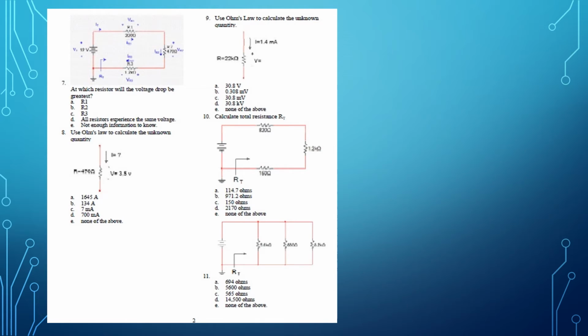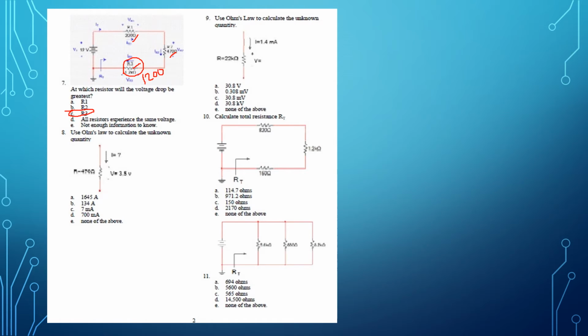In this case, resistor number 1 is 220, resistor number 2 is 470 ohms, and resistor number 3 is 1.2K, which is 1200 ohms. So obviously that's the biggest. And in a series circuit, the voltage drop is going to be the greatest when you have the largest resistor. So this is going to be option C.